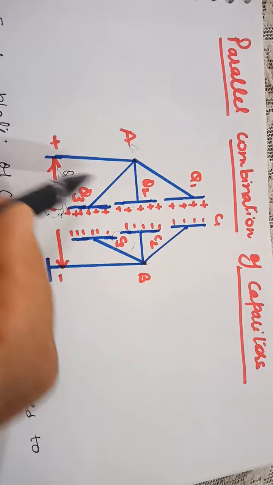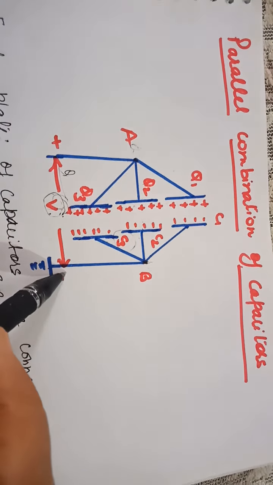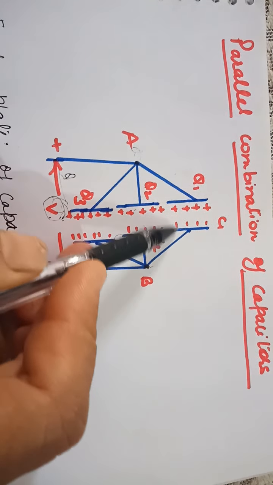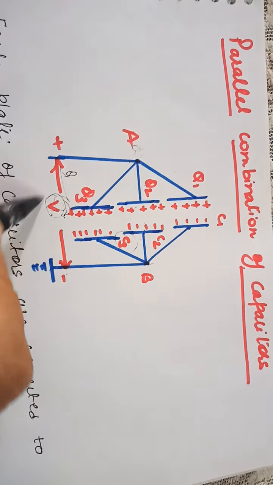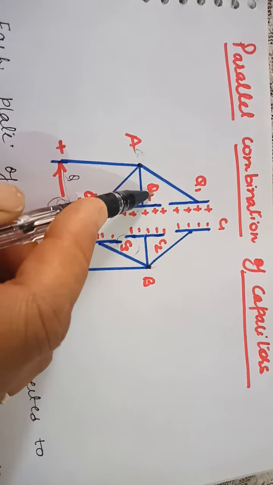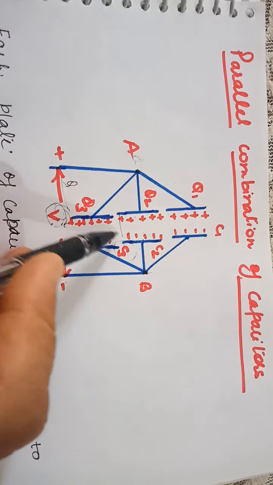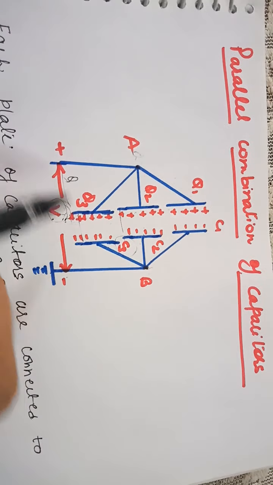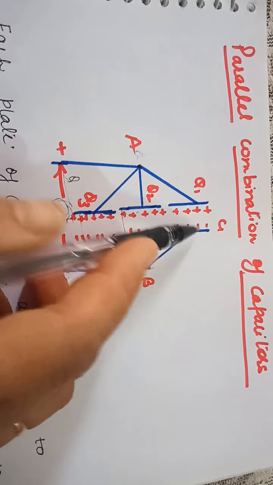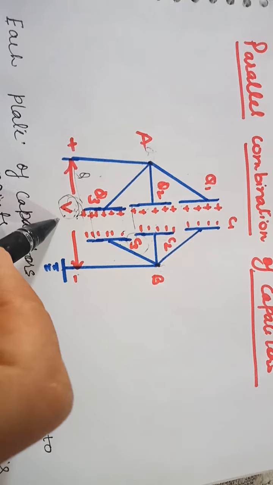Okay, so we can say since all the plates are connected between only the two common points where the battery is connected, the potential difference across each capacitor will be the same, V. So in the parallel combination, the charge flowing in each capacitor will be different, but the potential difference across each capacitor will be the same, V. So V is the same for all the capacitors, Q is different for all the capacitors in the parallel combination. You have to remember this concept.